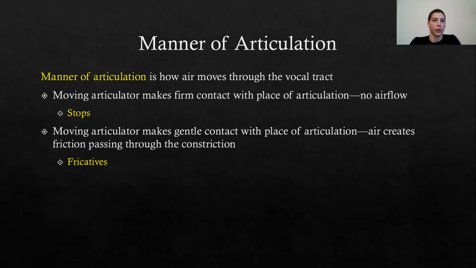And so what that does is it stops the airflow. Sounds that are made in that way, with firm contact between a moving articulator and a place of articulation, are called stops. If you have contact still, but it's a bit more gentle, then that does allow for the possibility of airflow through the constriction, but it generates a lot of friction when air passes between the moving articulator and the place of articulation. And because of that friction, those sounds are called fricatives.